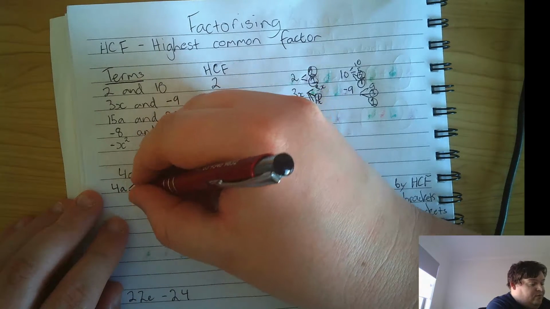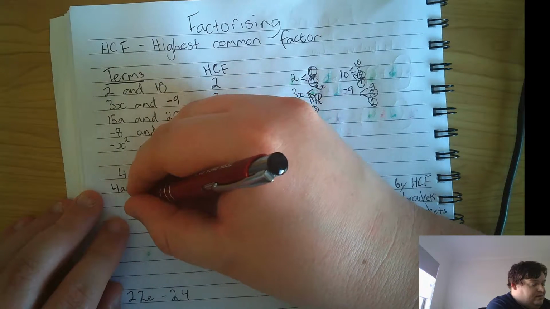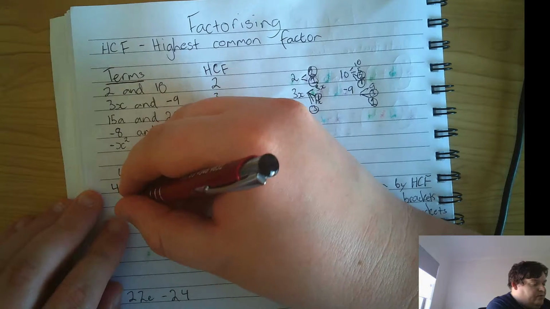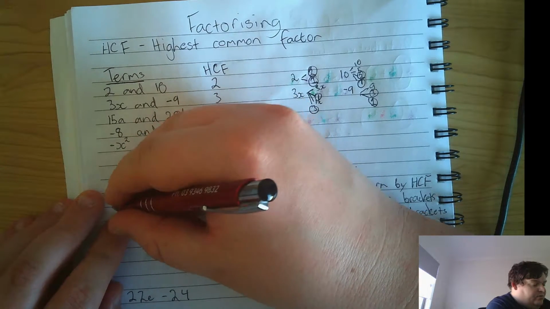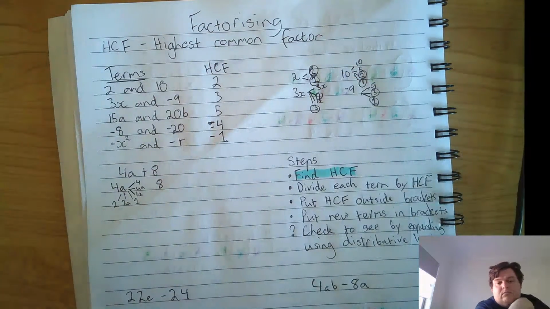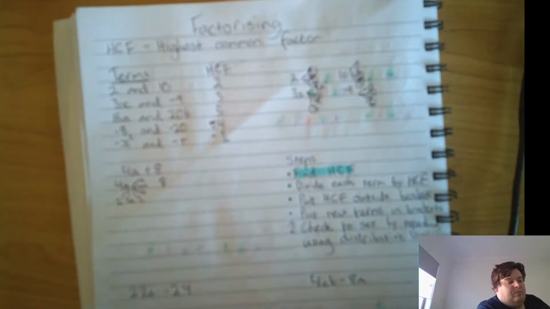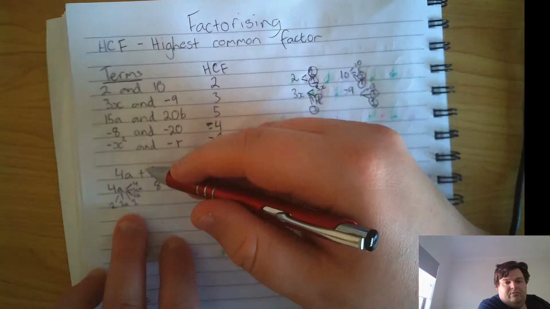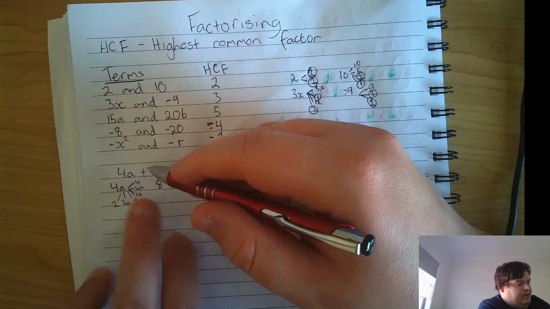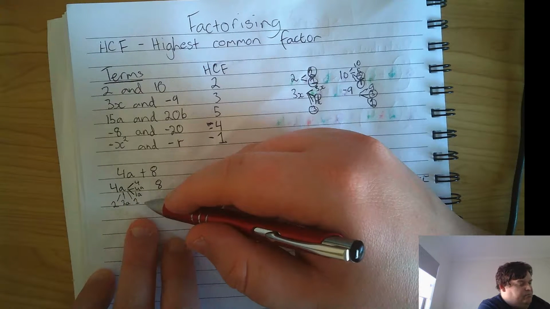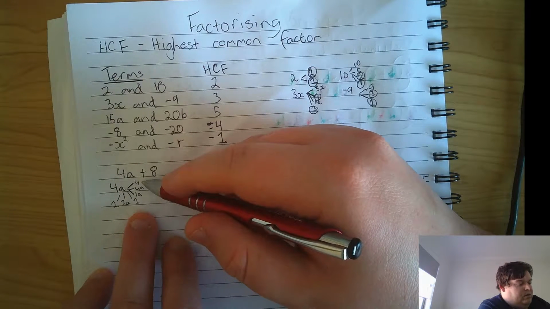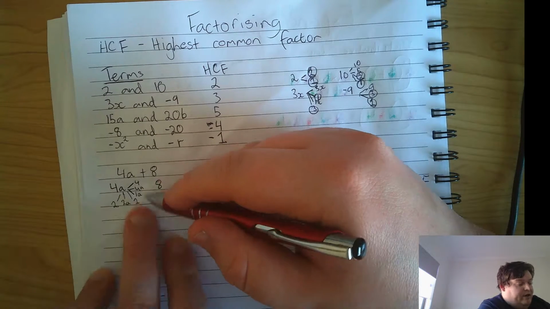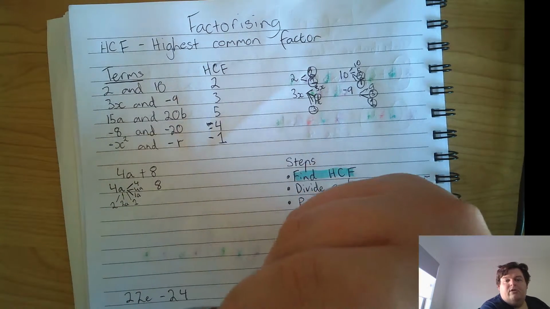I could also have 4a and 1. I could have 2a and 2. They're my possible values that could multiply to make 4a, right? Because 2 times 2a will equal 4a. 1 times 4a will equal 4a, and 1a times 4 will equal 4a.